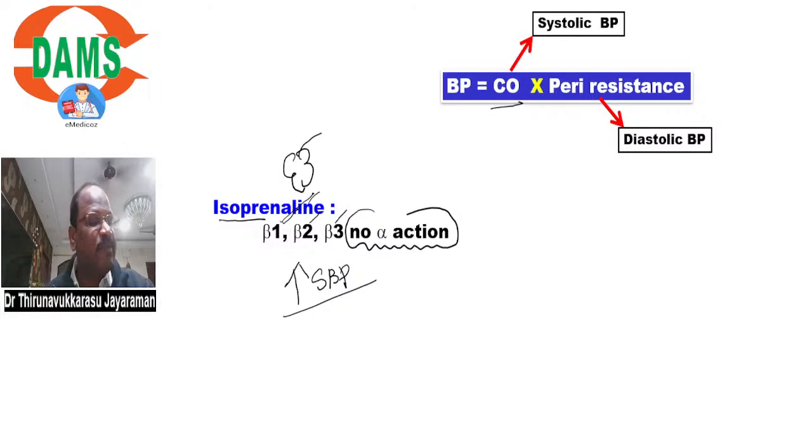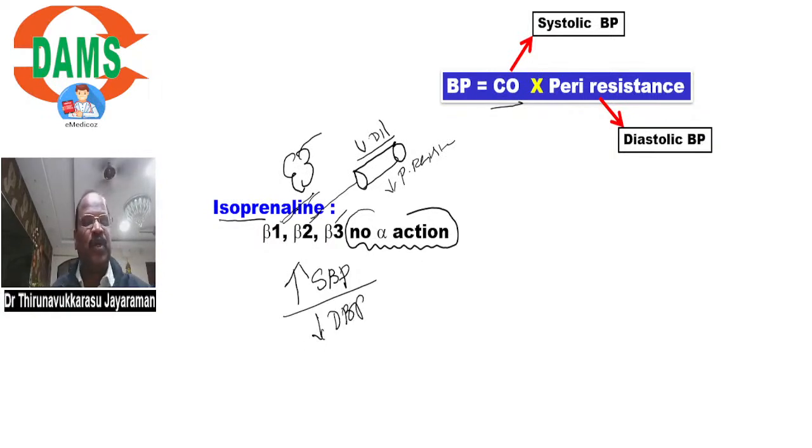And it is the beta 2 action that causes vasodilatation. Thereby, there's a fall in peripheral resistance, and thereby a fall in diastolic BP. So, isoprenaline causes increase in systole and fall in diastole.